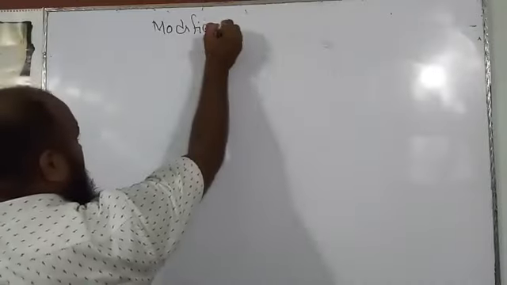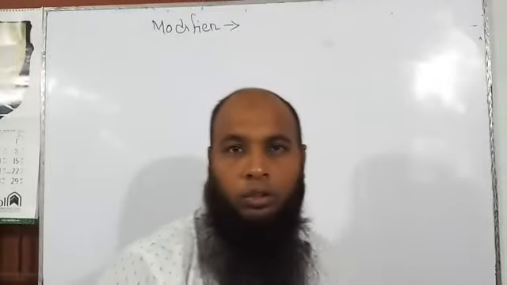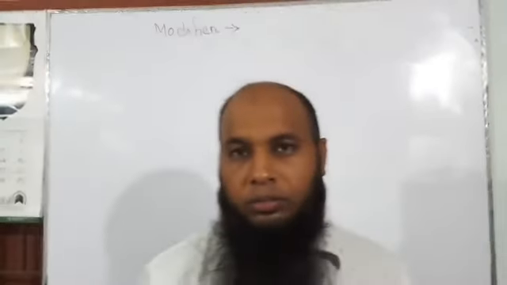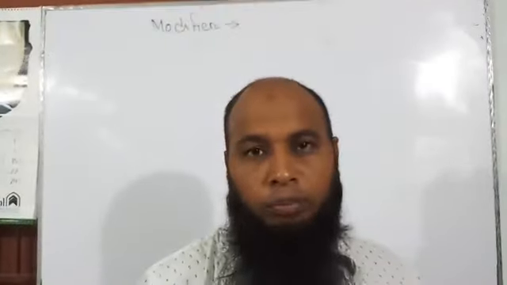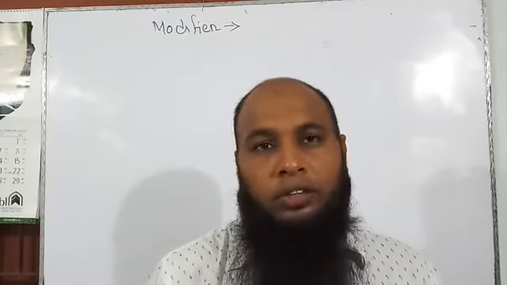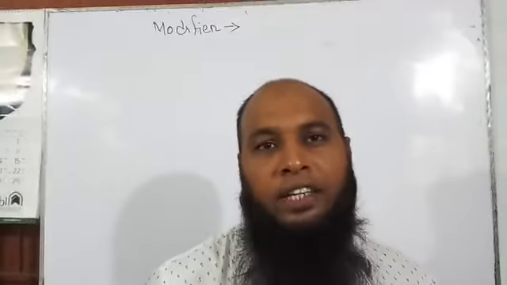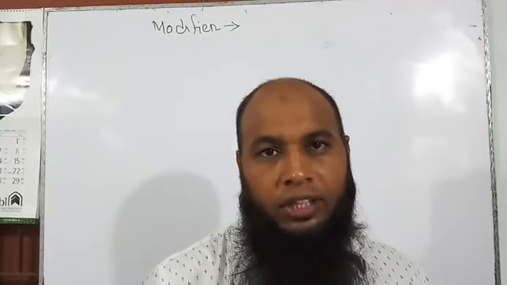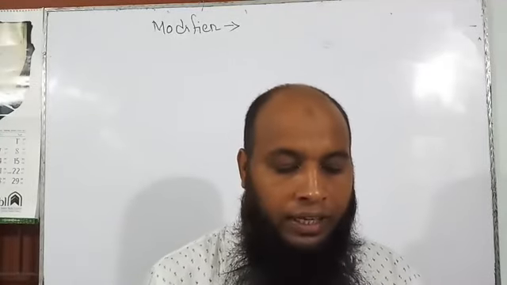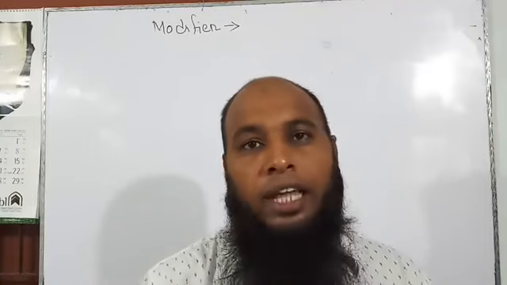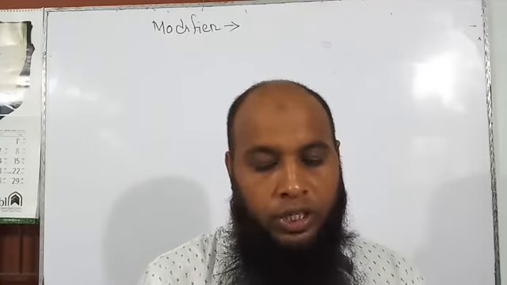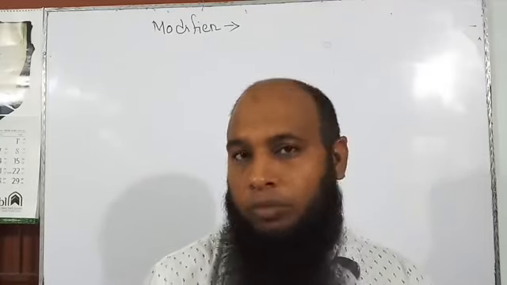Now, modifier, the first thing that you should know. Modifier. So, don't take it as grammar. I am going to talk beyond English grammar. What is modifier? Definitely, modifier indicates a person or thing that makes partial or minor changes to something.